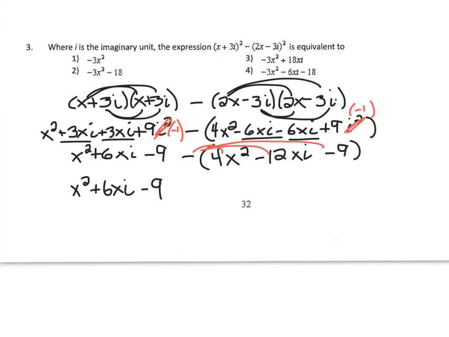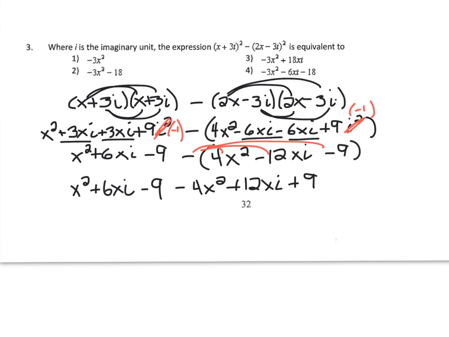Okay, so let's start here. Negative times 4x squared is just -4x squared. Negative times -12xi is positive 12xi. So basically all the signs within the parentheses are changing. Then negative times negative is positive, so we wind up with a positive 9 at the end.